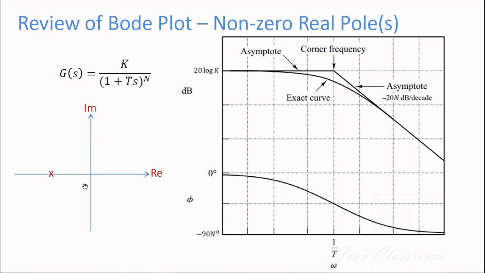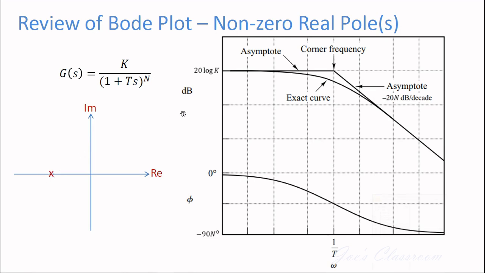And if I have the poles on the real axis, then this is going to result in first order terms in the transfer function. Since this is a pole, the first order terms will be lying in the denominator of the transfer function, and the transfer function will have this structure K / (1 + Ts)^n. In this case, the pole is going to be at minus 1/T.